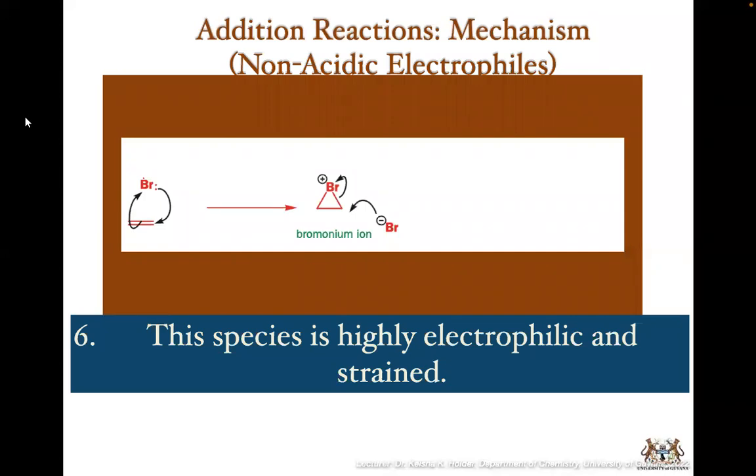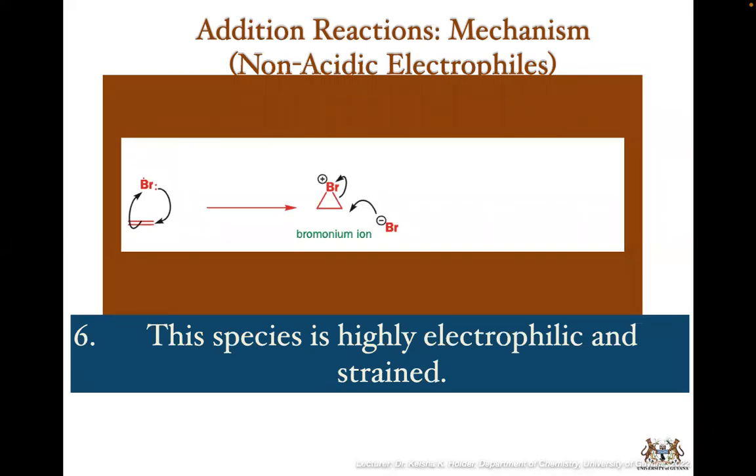So those two characteristics would then lead to this bromonium ion being very unstable and prone to nucleophilic attack. And in this case, since our leaving group happens to also be a good nucleophile, there is a very good impetus for the reaction to occur, for attack to occur.